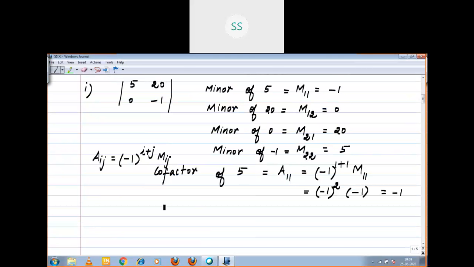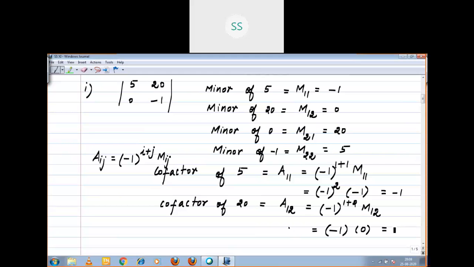Next, cofactor of 20. 20 is located in first row, second column. So, A12 is minus 1 the whole power 1 plus 2 into M12. Minus 1 the whole power 3, so it is minus 1. M12 is 0, so your answer is 0.